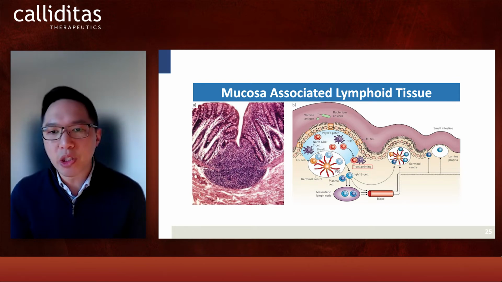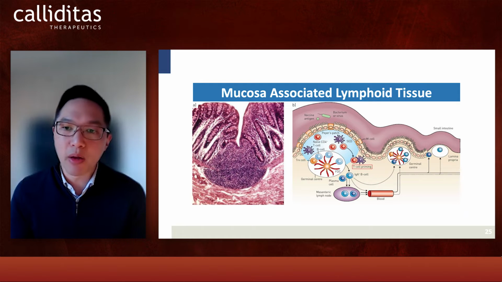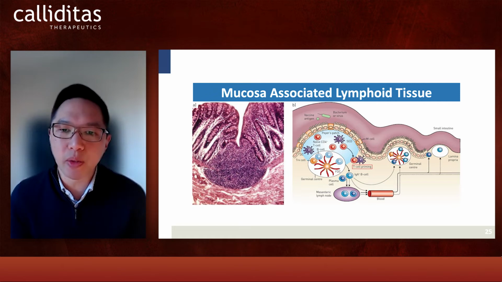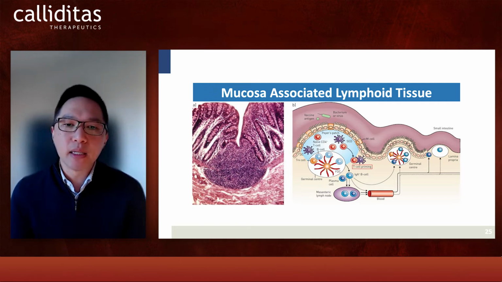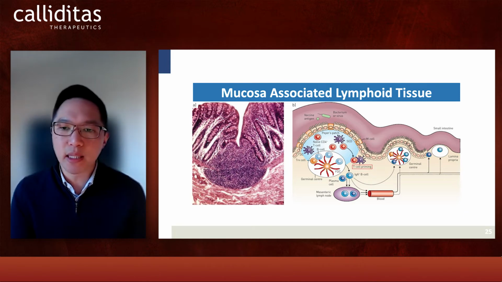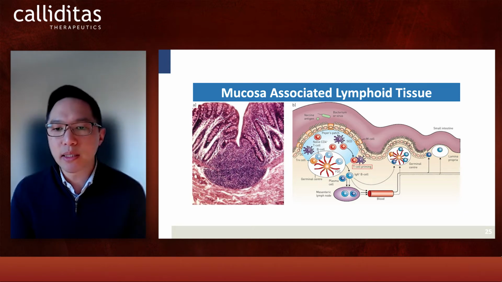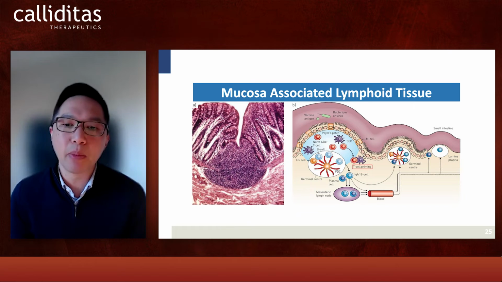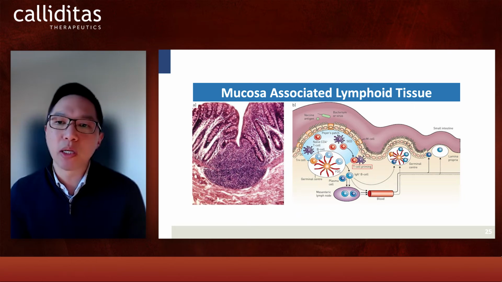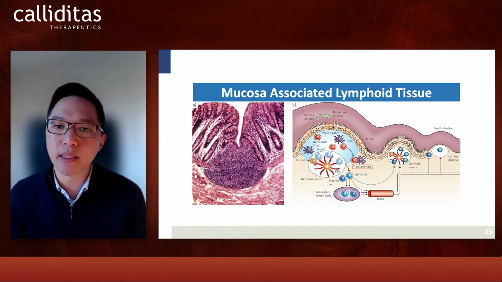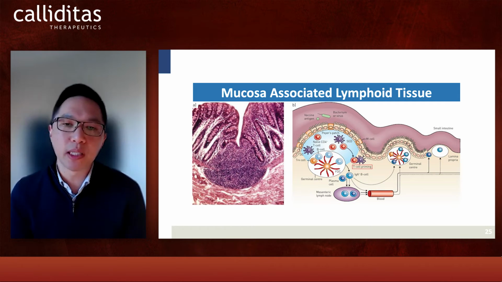Within this tissue, there's a complex set of processes by which naive cells are class switched into IgA producing cells. If we can understand the factors that regulate this process, then we can start to think about how we might reduce that mucosal IgA production and think about therapeutic targets.